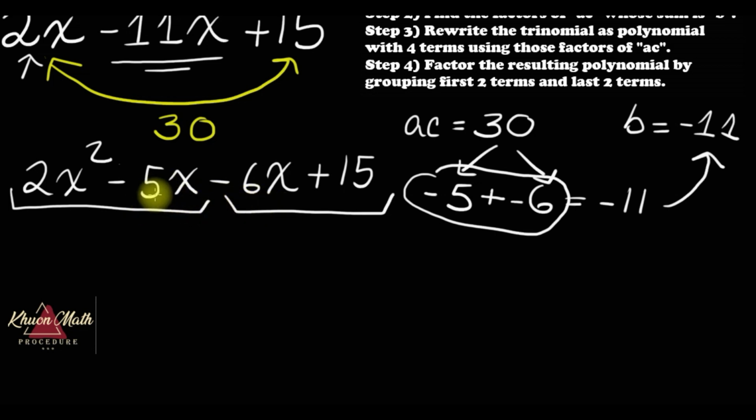Here the ratio is negative 5 over 2, and here you got 15 over negative 6, which reduces to negative 5 over 2. So the ratios are the same, and you can go ahead and use grouping to factor.